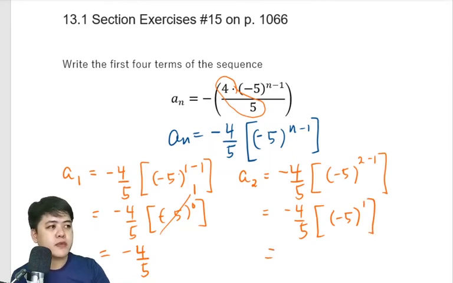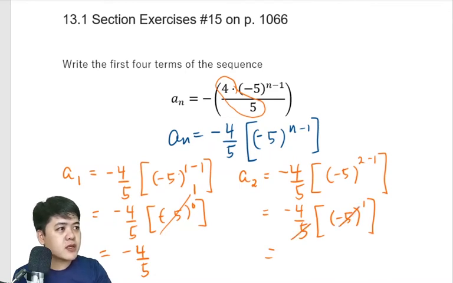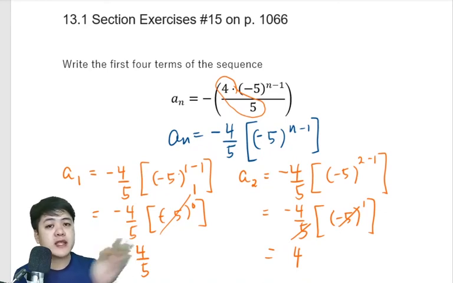And negative 5 raised to 1, that's negative 5 lang. So makakancel yung 5 dito. Then we have a negative times a negative, so it's positive 4. Kapag ginamit yung original formula, hindi nyo nilabas yung 4 over 5, we will get the same answer.